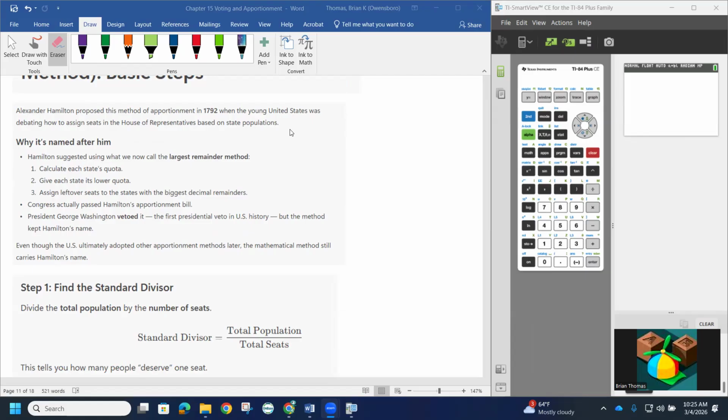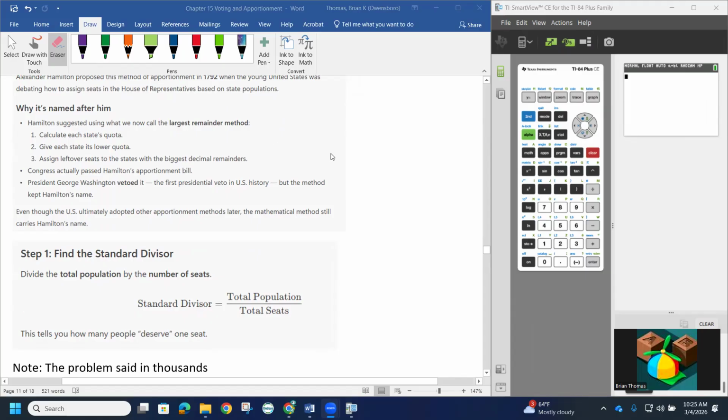So if you compare the seats in 2010 to the seats in 2000, I don't know when the 2020 census results were finalized, it may not have happened until 2021 or 2022 when they finally compiled the data. But you may see a difference in how many House representatives each state has. That also ties into the electoral college that we use in our voting system.